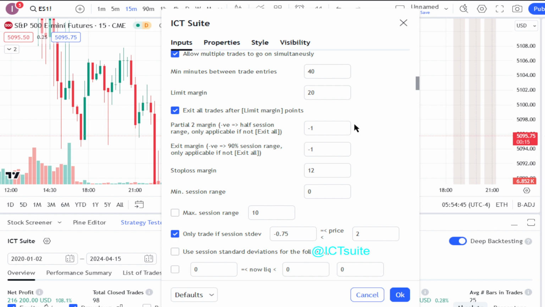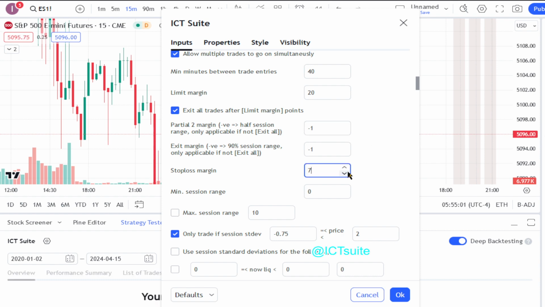Then the highest win rate is 70.4, and we got it on a stop loss of 8. So 7 sounds good to me.